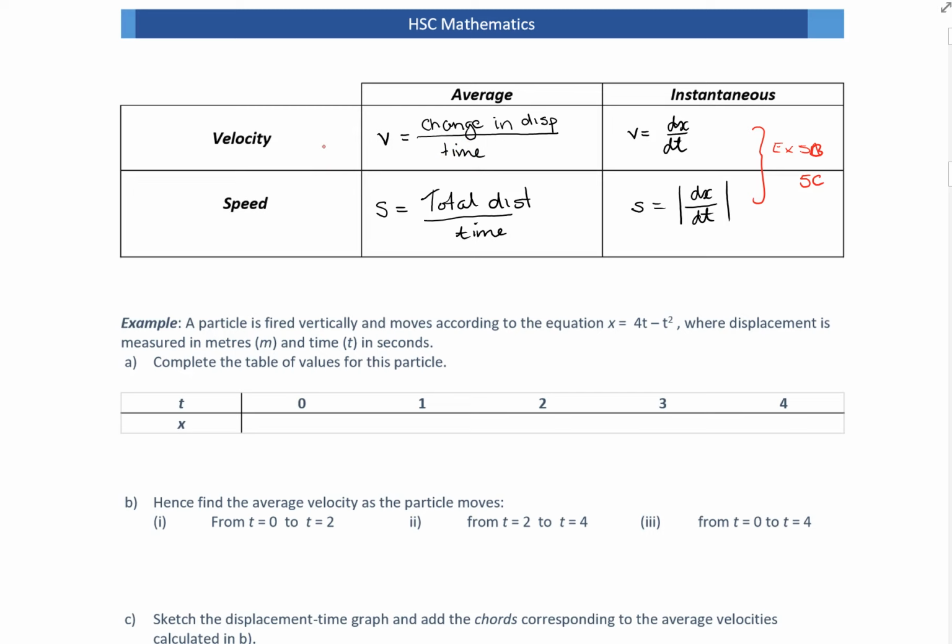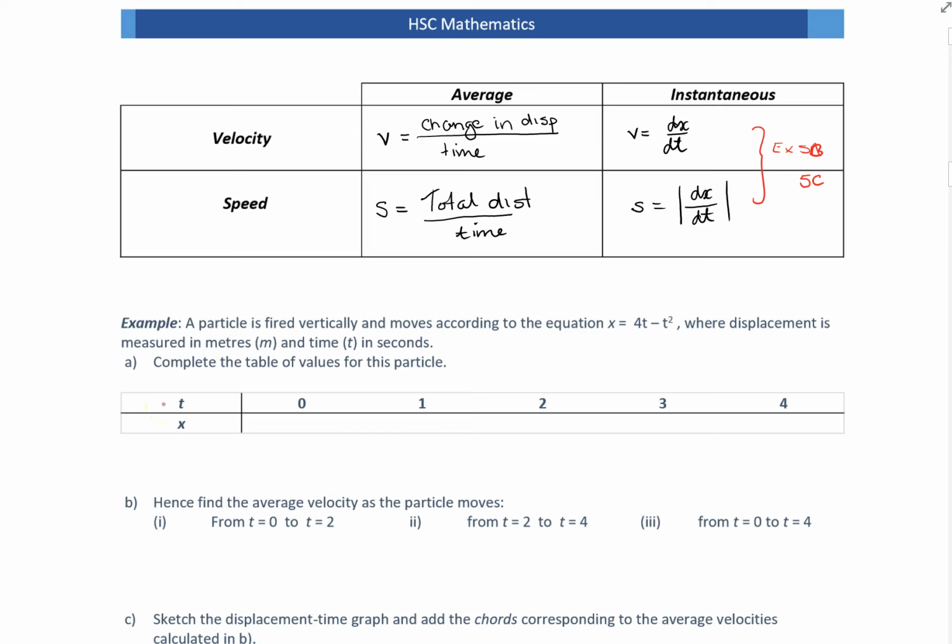So let's have a look at this example. A particle is fired vertically and moves according to the equation x, and remember x is the displacement, is equal to 4t minus t squared, where displacement is measured in metres and the time t is measured in seconds.